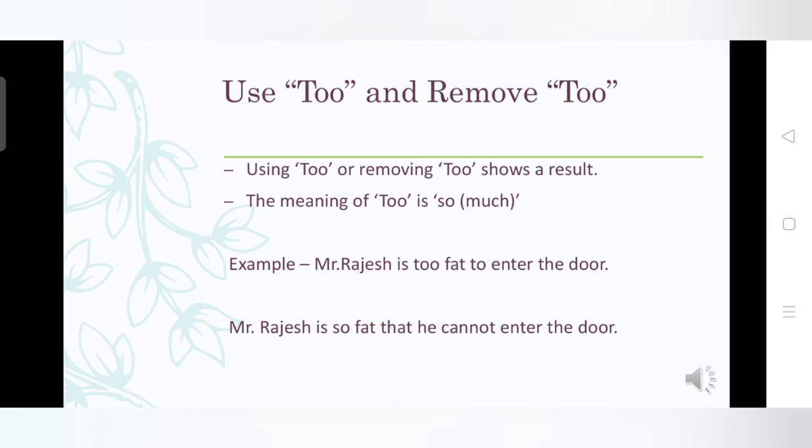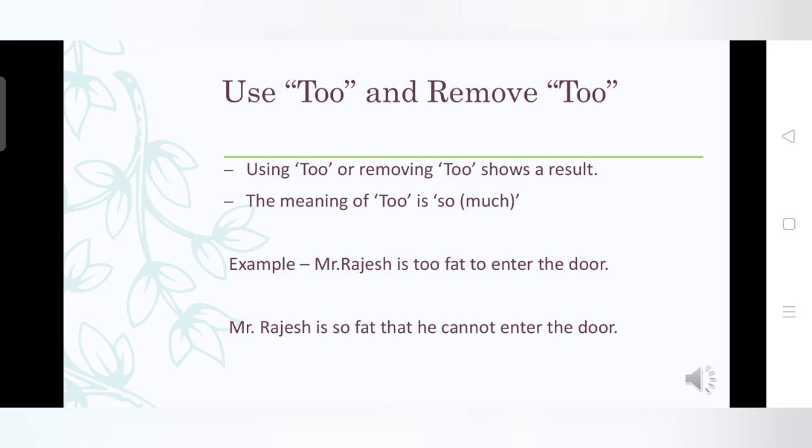So first of all, we should try to learn about what is using to and what is removing to. First of all, we are trying to learn about the meaning of the word to. Using to or removing to shows a result. This is a type of function which shows a result.